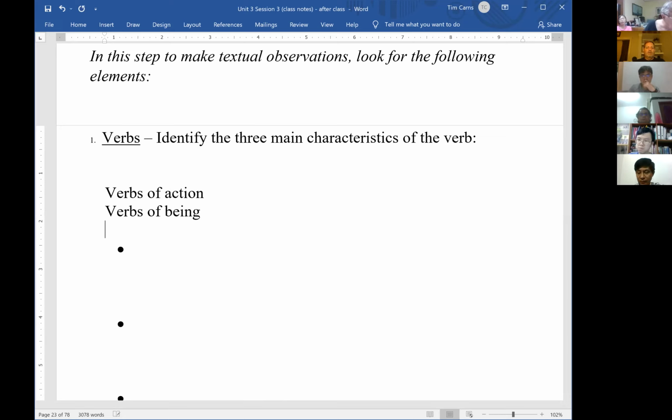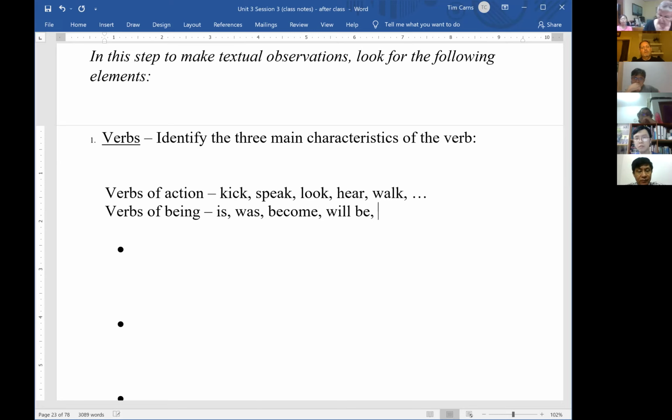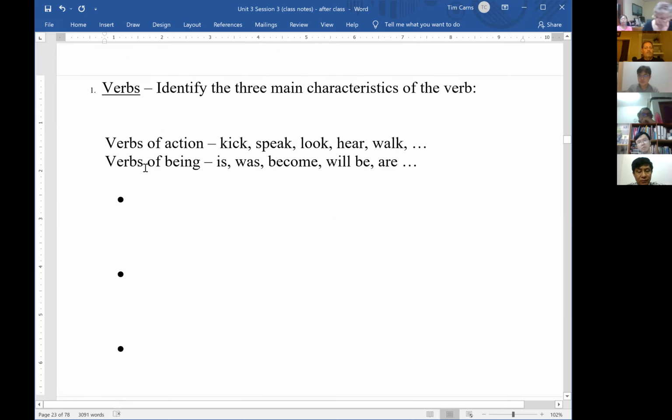Verbs of action are where an action is taking place: kick, speak, look, hear, walk, etc. Verbs of being are is, was, become, will be, are, etc. But what I'm going to talk about here are the three main characteristics of the verb. There are three elements or attributes of a verb.